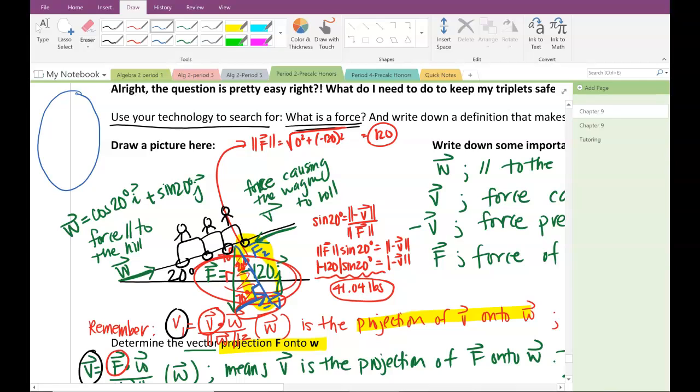Perpendicular vector. We're going to do the same thing, but using cosine. So cosine 20 degrees equals adjacent, which is F sub 2, divided by the hypotenuse. The hypotenuse is F in this case. We're going to cross multiply. So F times, oops, sorry, these are all distances, so I need magnitude. I lied. So the magnitude of F times cosine of 20 degrees equals F2.